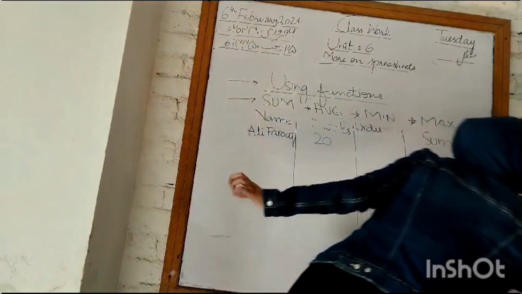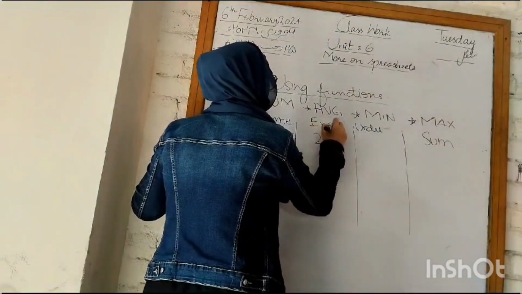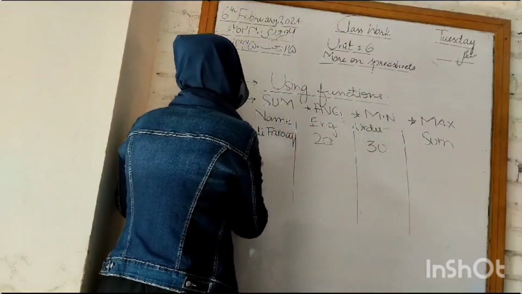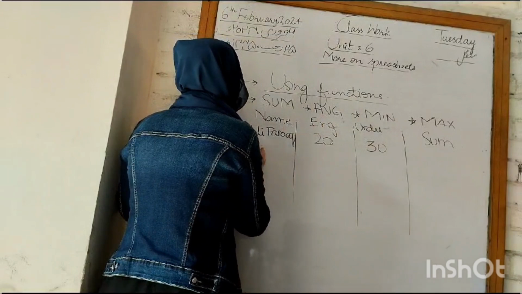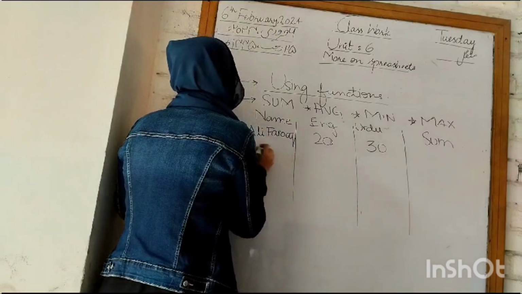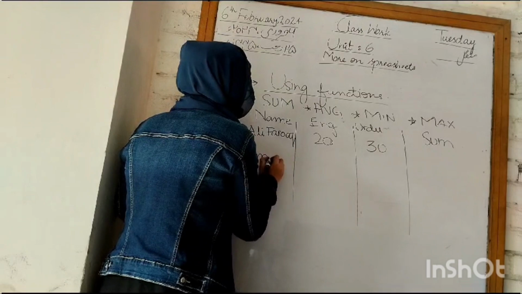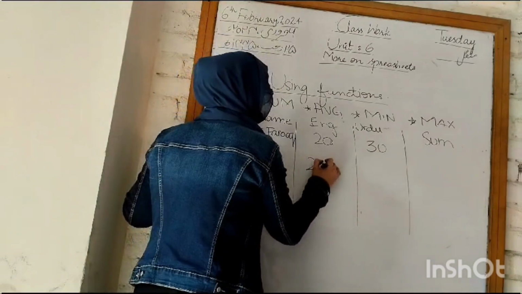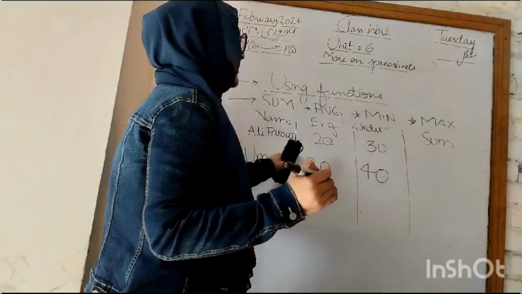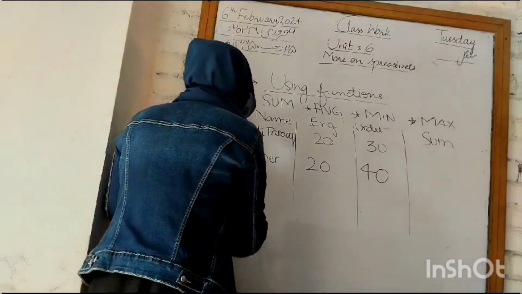Marks of English and Urdu. Ali Farooq and Umar. I will use the function of the sum. How am I going to use it?